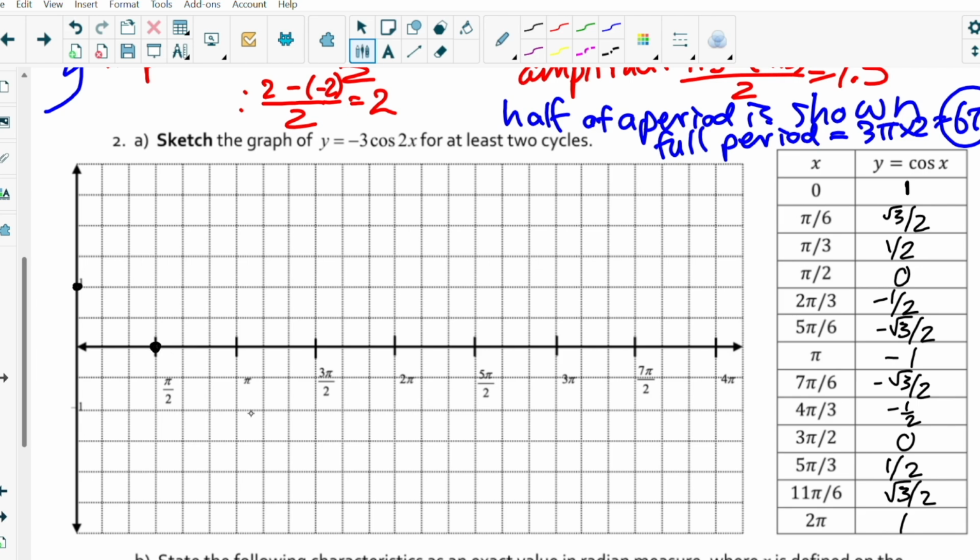So if I plot the quadrantal angles at 0, 1, pi over 2, 0, pi, negative 1, 3 pi over 2, 0, and 2 pi, 1. Okay, and then also pi over 3, 1/2.